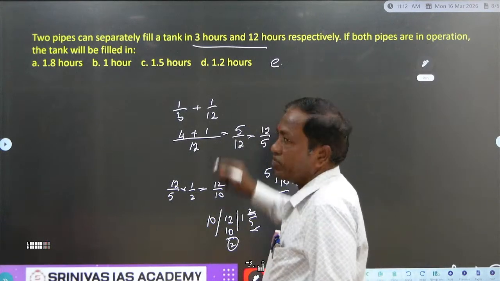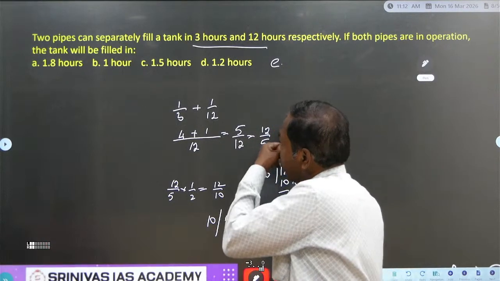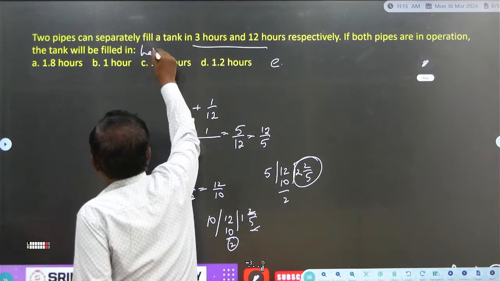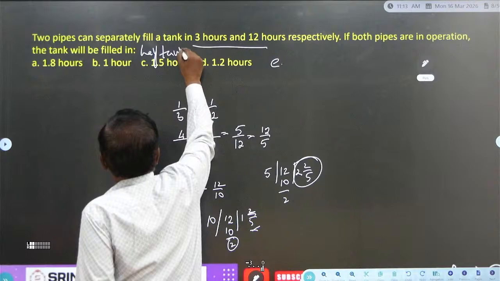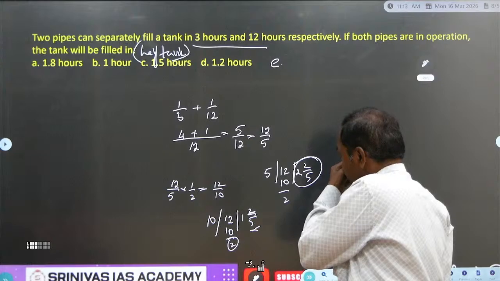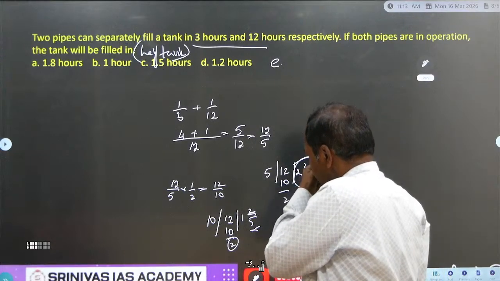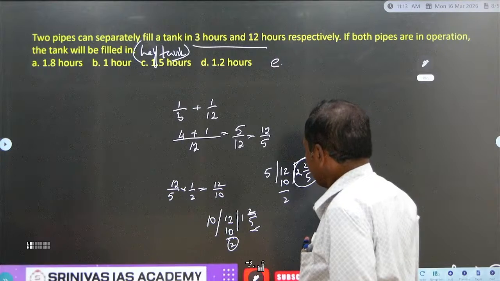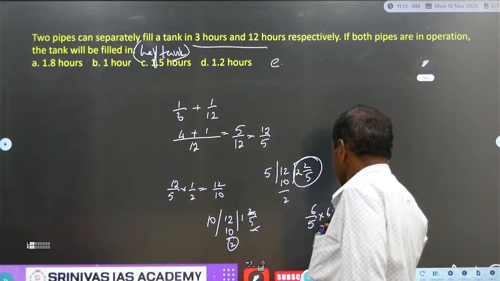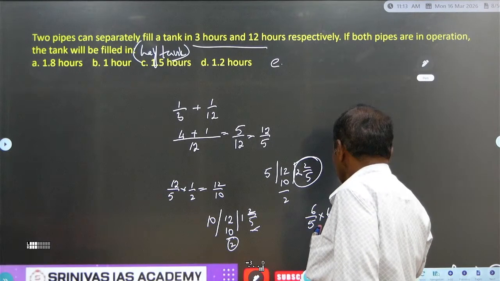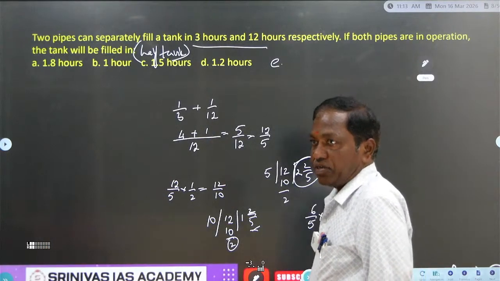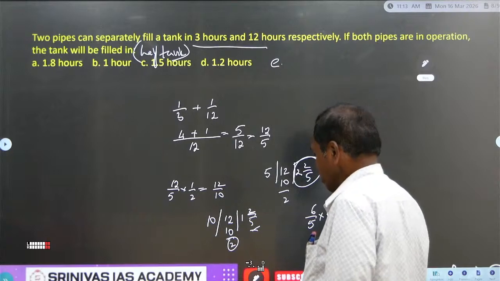Or maybe this is for half tank. The question is for half tank. If it will be half tank, then it will be all right. Anyway, that is for half tank actually.